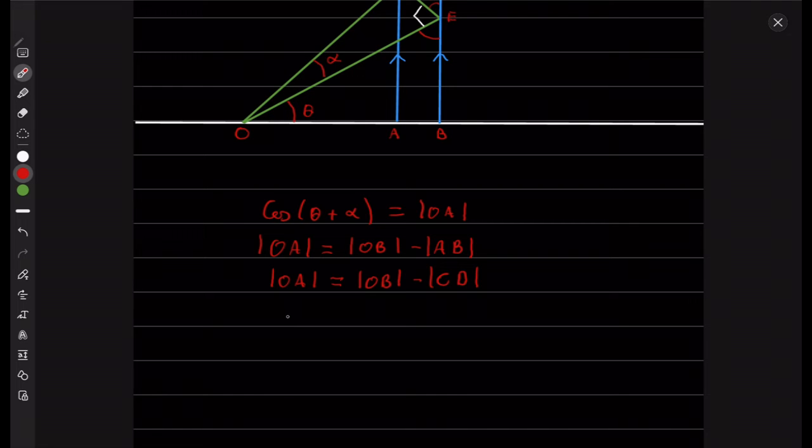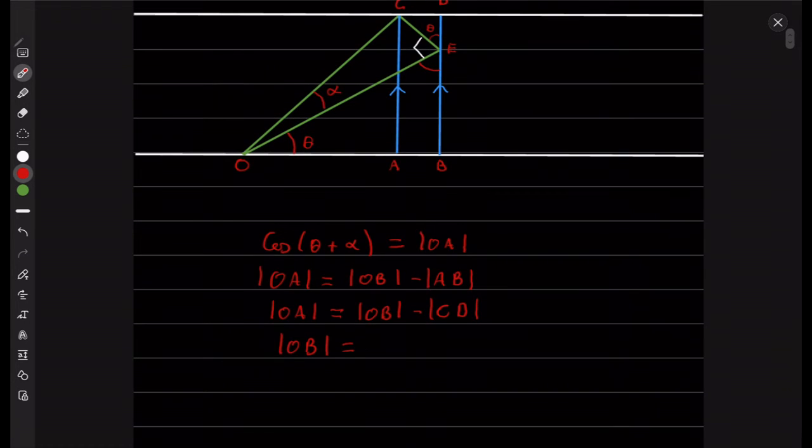So OB is equal to OE times cos theta. That's what OB is.